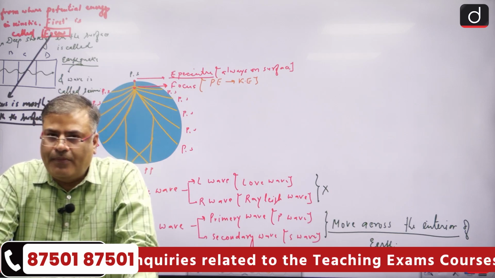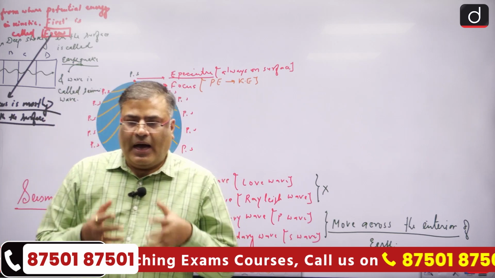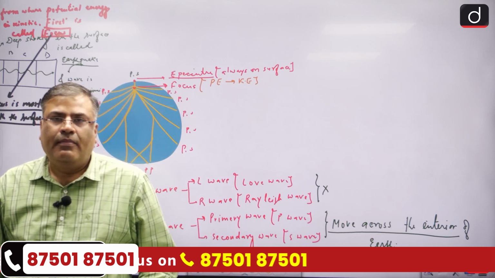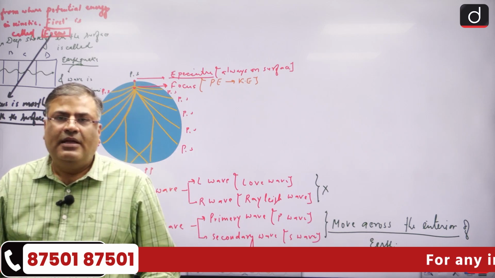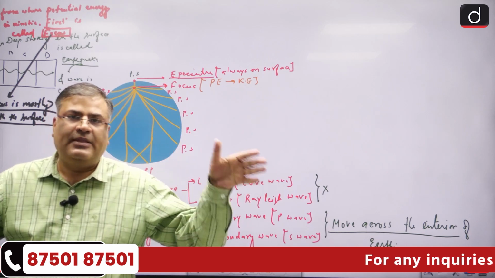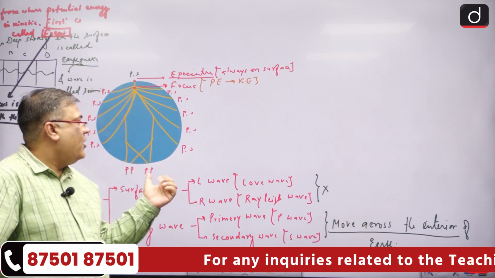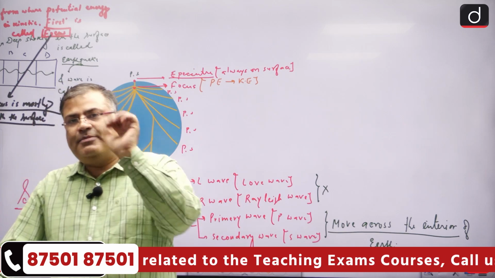All right. Now let me rephrase this. If the Earth's interior were a homogeneous body, with no difference at all, there would be nothing to surprise us. Then the P and S waves should reach there. But if the P wave is reaching over here and not the S wave, there must be something. Why must there be something?